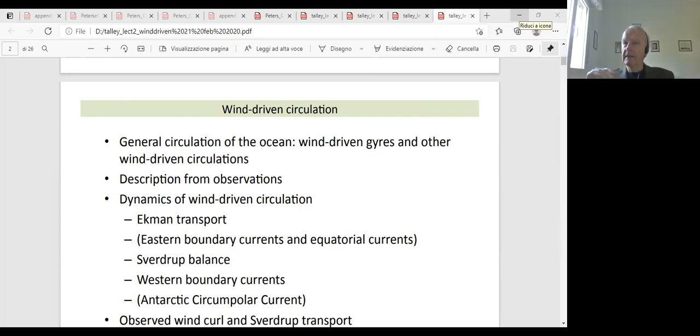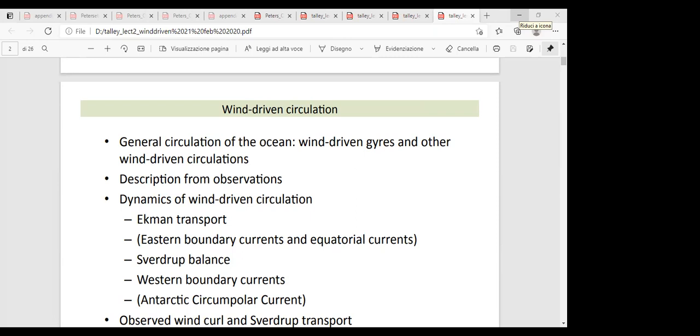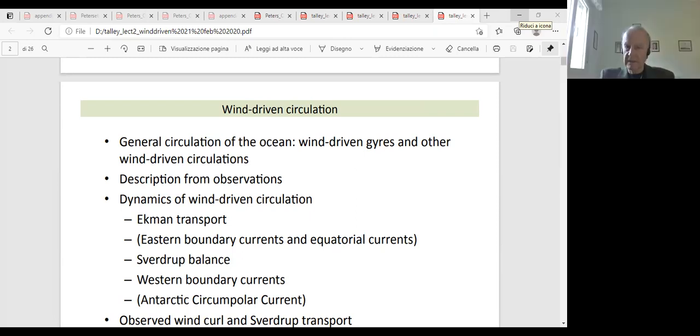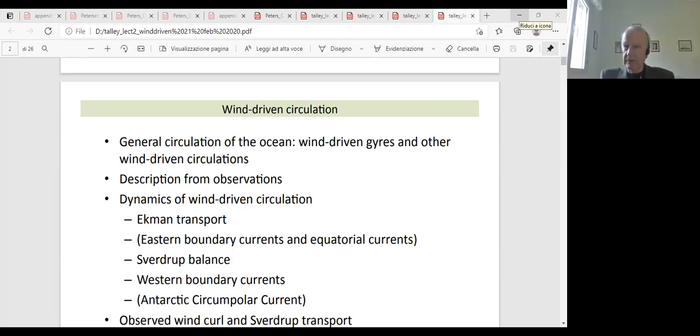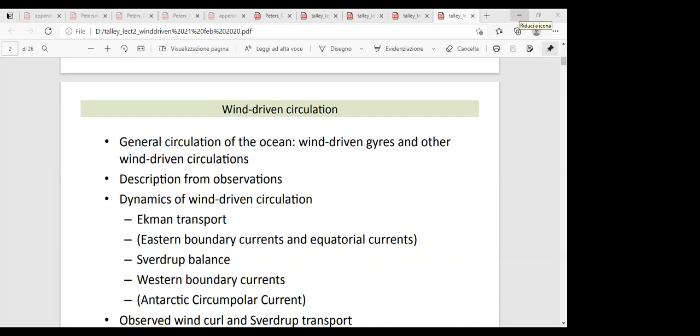Excuse me if I interrupt, but I don't know if it's only a problem of mine, but I'm stuck at the first slide. Excuse me, I didn't understand. What did you say? I'm stuck at the first slide. Oh, now what do you see? You are always stuck at the first? Yeah, wind-driven circulation, the circulation of the ocean.